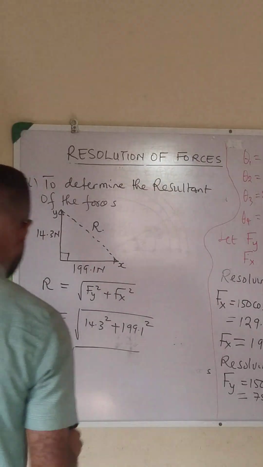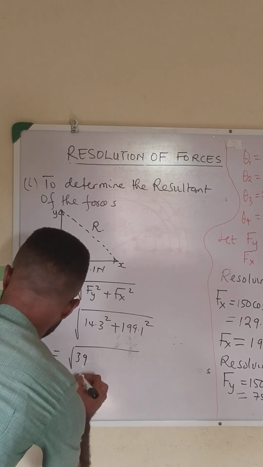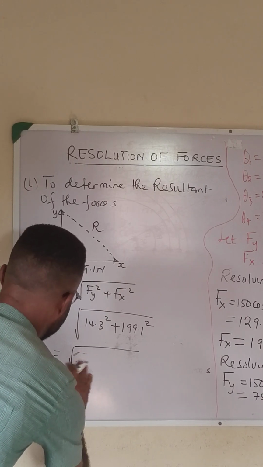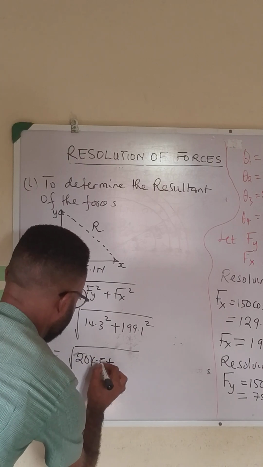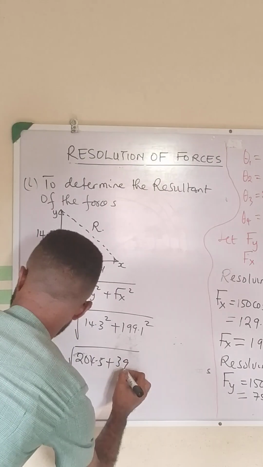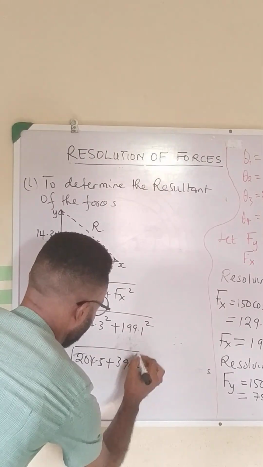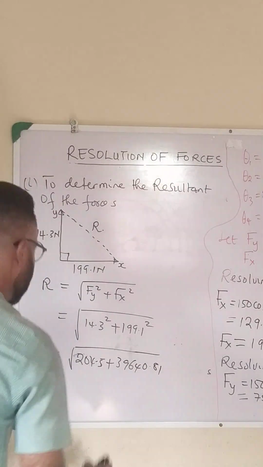When you determine the square root of this, we are going to have the square root of this give us 204.5, plus the square root of this will give us 39640.81.